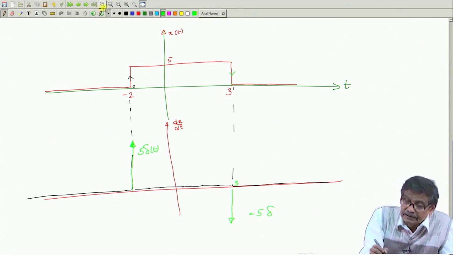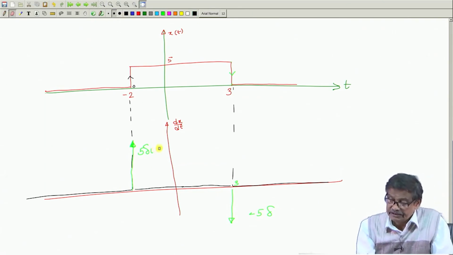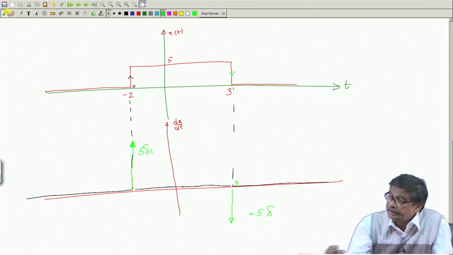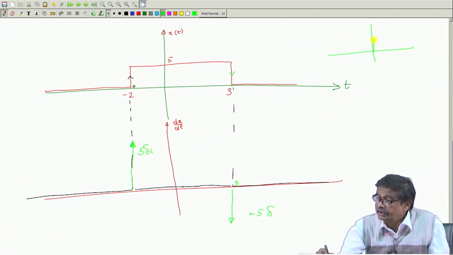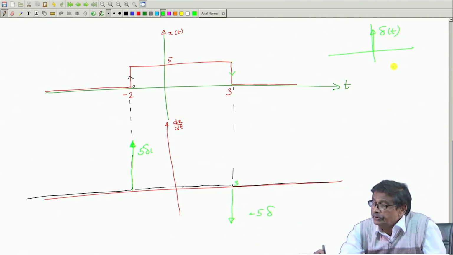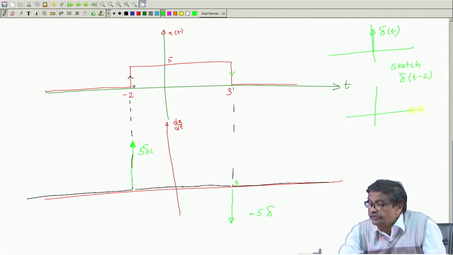But this requires a slight modification, because delta(t) is an impulse sitting at the origin. You must understand, delta(t) was sitting at the origin. So, if I ask you to sketch delta(t minus 2), what will you sketch? The same function shifted towards the right by 2 units. So, here will lie delta(t minus 2).